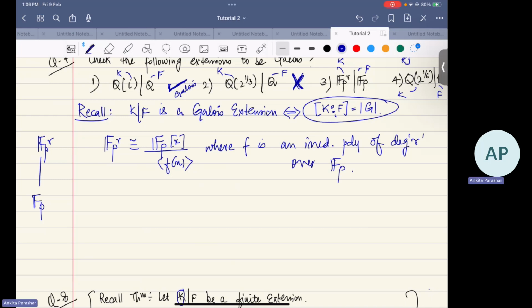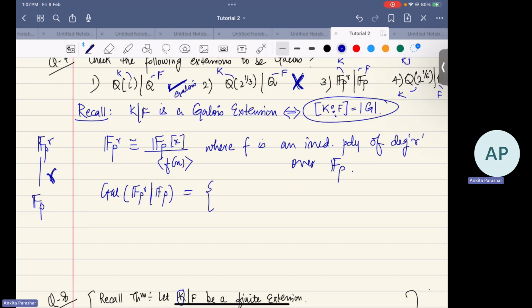This we know by the construction, the way we construct a finite field extension. So this degree we know by the way it has been constructed. Now we want to know the Galois group of F_{p^r} over F_p.